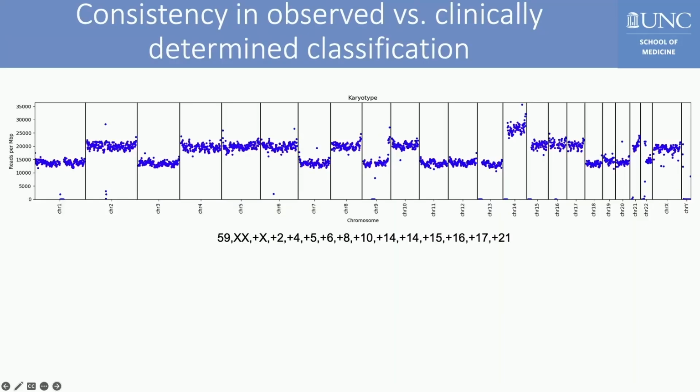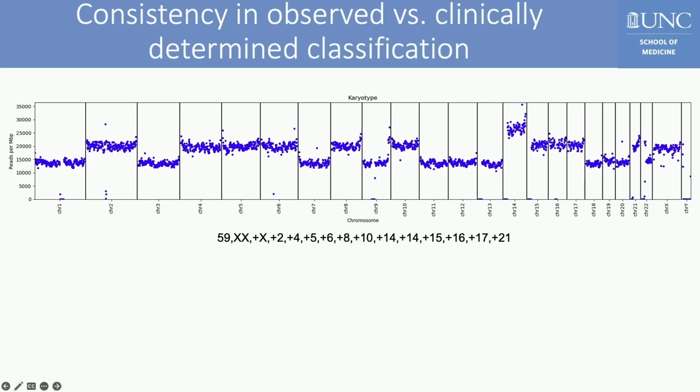So what do we actually see when we get the data back? What I'm showing you here is a karyotype plot. On the y-axis, I'm showing you the number of reads we're getting, and on the x-axis, I'm showing you all the different chromosomes. And so we can infer the number of copies of these chromosomes based on the number of reads we're getting back.